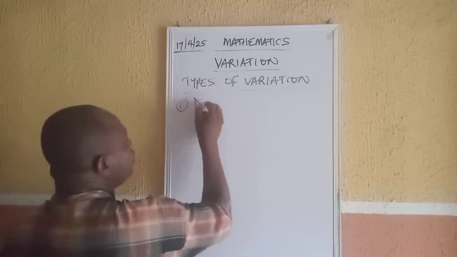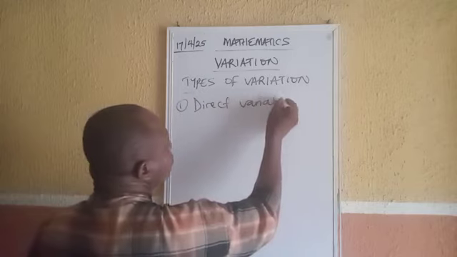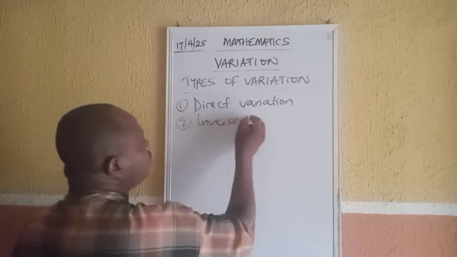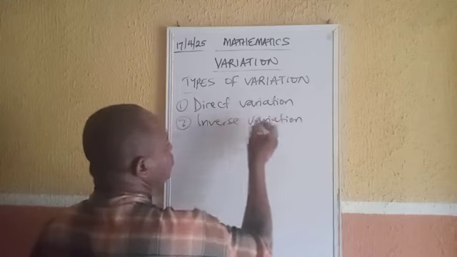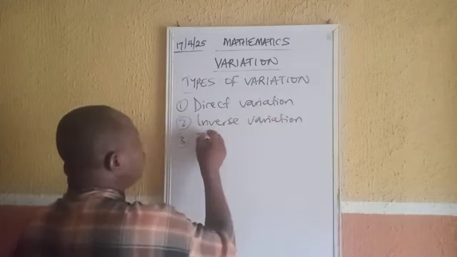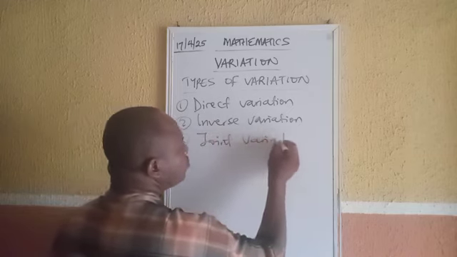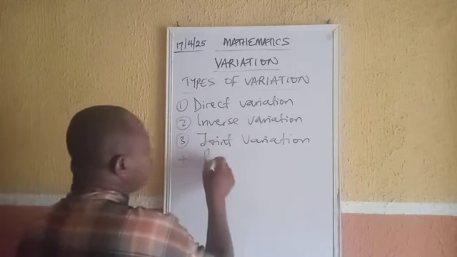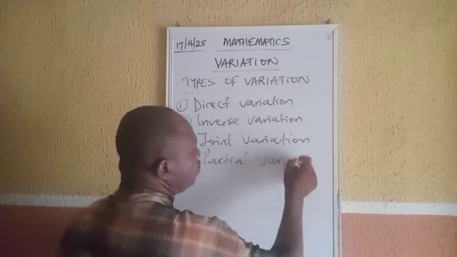One is direct variation, inverse variation, joint variation, and the fourth is partial variation.